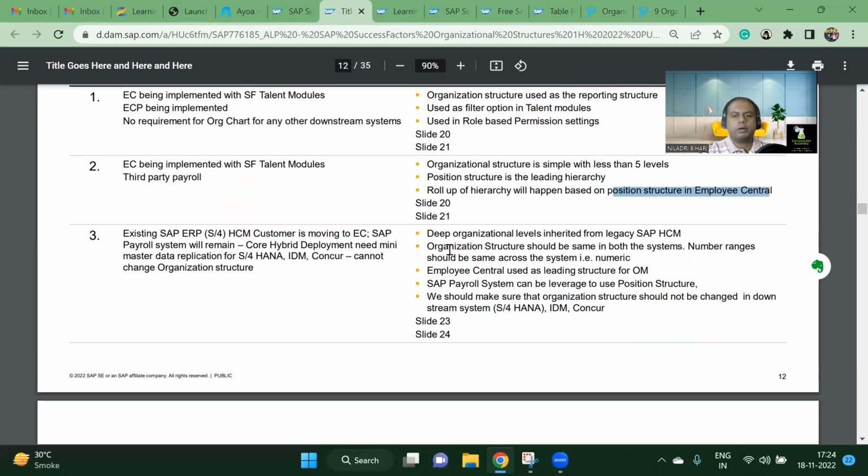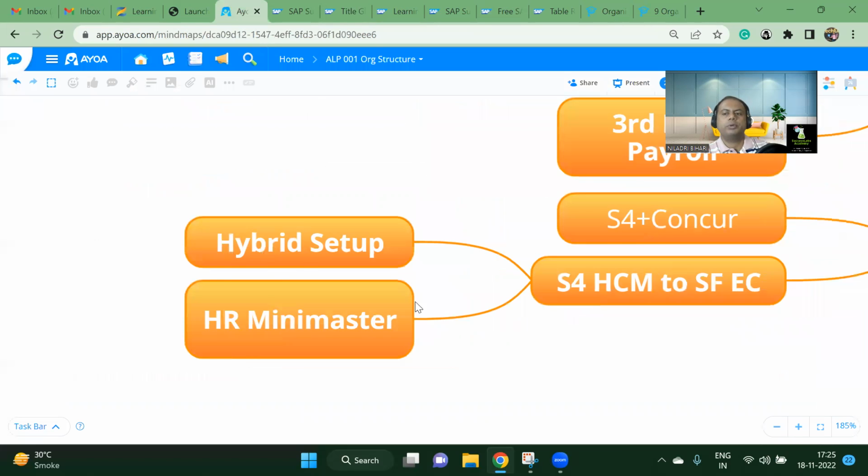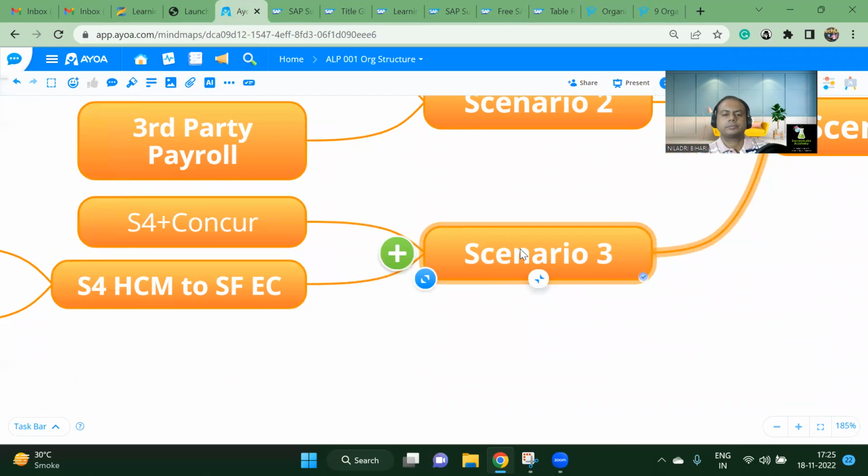The third scenario, which I talked about, is inherited from SAP HCM, but EC will always be the leading structure for OM. Your SAP payroll system can utilize the position structure, and make sure the organizational structure should not be changed downstream. This is a very important point. Suppose you are having a structure, and this is a very important point to remember in this scenario. I'll be making a note for it.